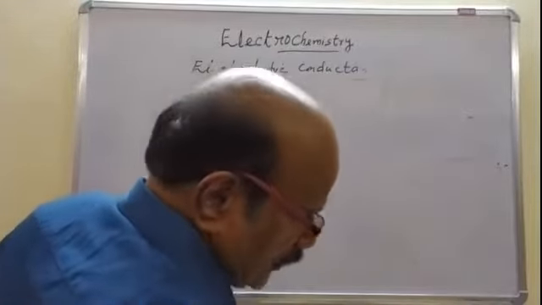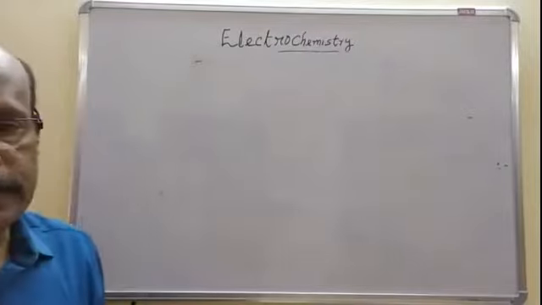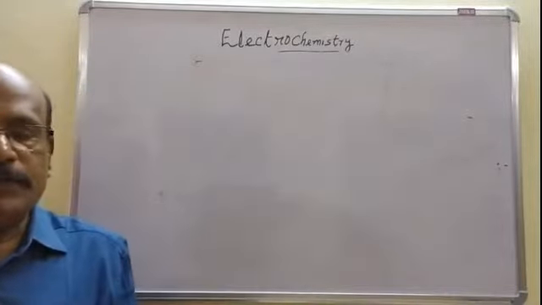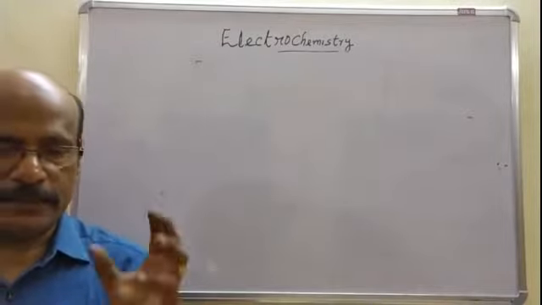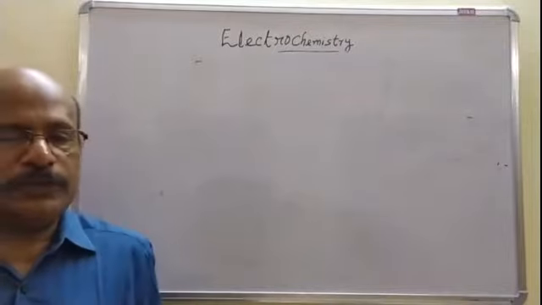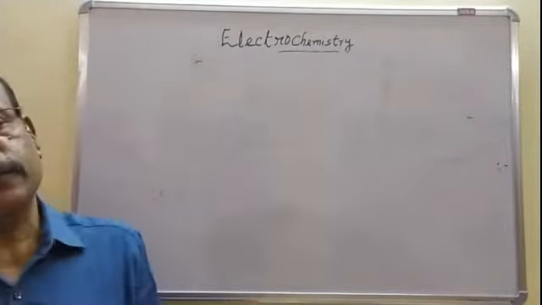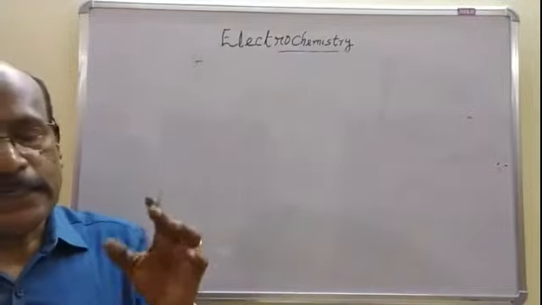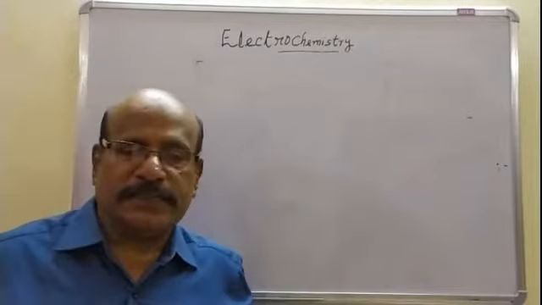Then we have to express the variation. How does the molar conductivity of an electrolyte solution vary with the concentration? I have already mentioned, we have with us an aqueous solution of the electrolyte whose conductance we want to measure, and the conductance of the solution surely changes with the concentration of the solution.